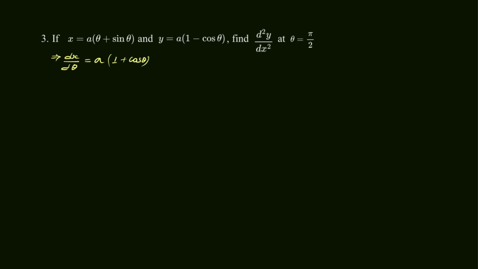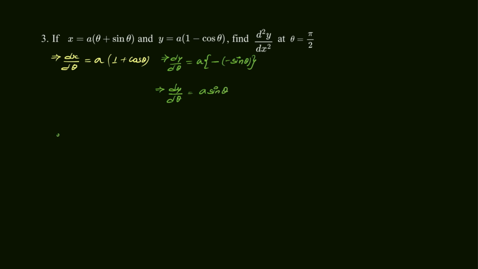And if I differentiate y with respect to theta, then dy/dtheta equals a into, d/dtheta of 1 is obviously 0, here there is minus, and d/dtheta of cos theta is minus sine theta. So the value of dy/dtheta equals a sine theta.